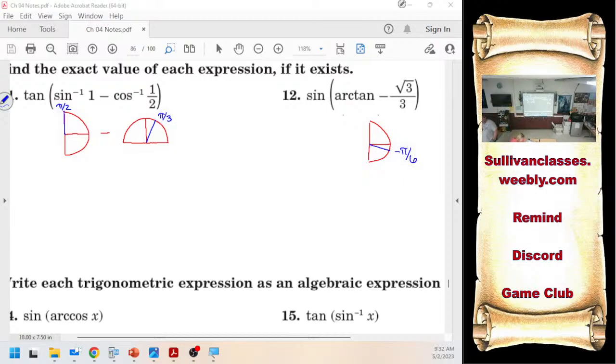Okay, we start with a whole bunch of arc functions. Arc functions are restricted. I'm either going to be in quadrants 1 and 4 or 1 and 2.